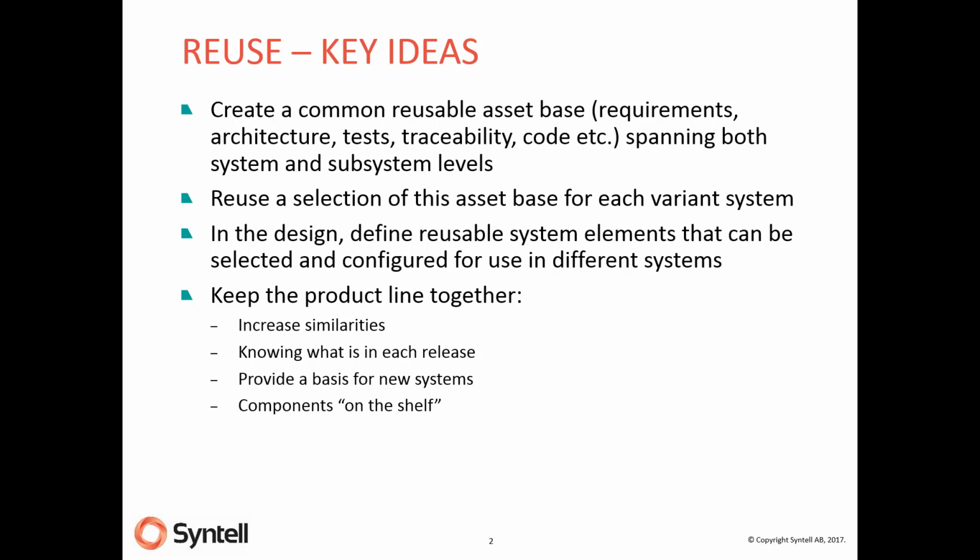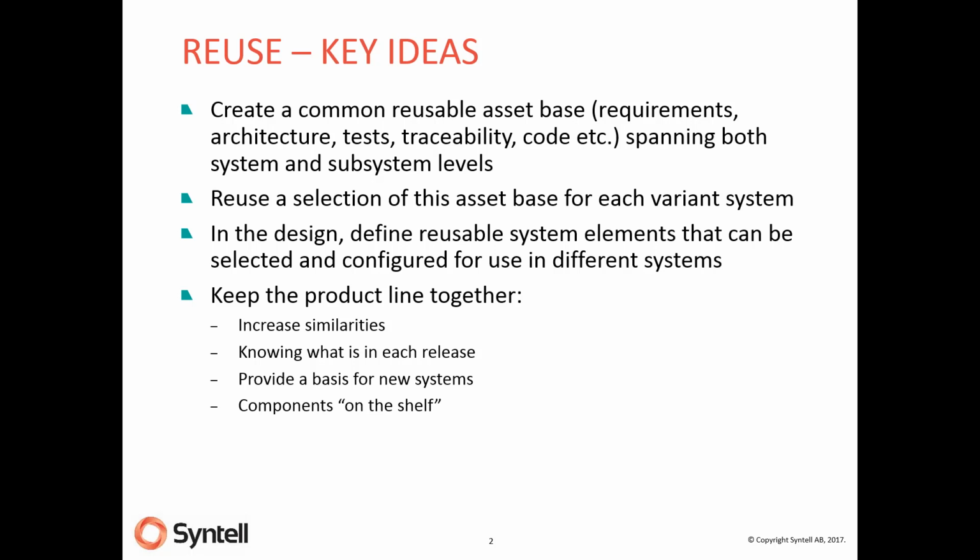We also need a good configuration management that allows a given artifact or a version of an artifact to be reused in more than one context. We need a structure that allows us to know exactly what is included in each release.